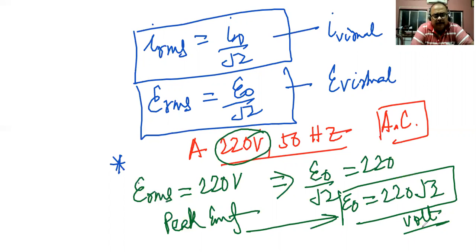Very, very important. That means from the given information of this statement, 220 volt 50 hertz AC, we can find out the peak EMF, that is 220 root 2. So this is the concept of this RMS value.